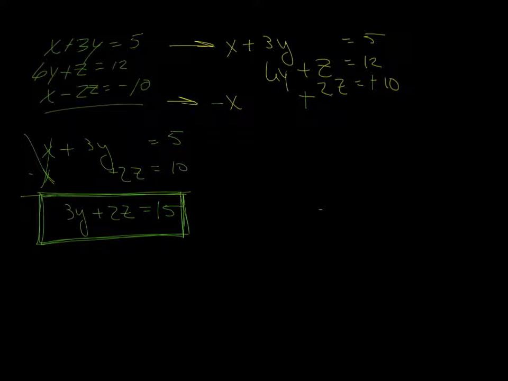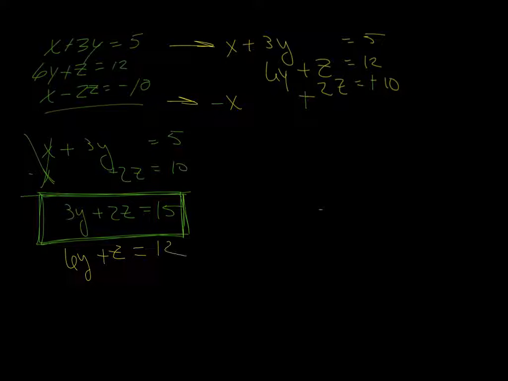Look what we've got. We're looking for an equation that just has a y and a z. Well, this one here, I don't have to do anything to it. It already has a y and a z. So I can combine that with this one.